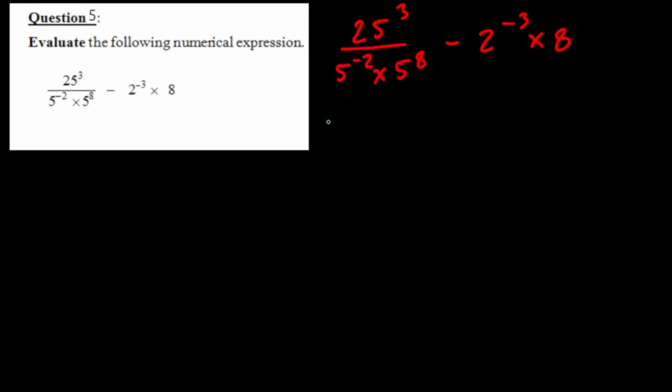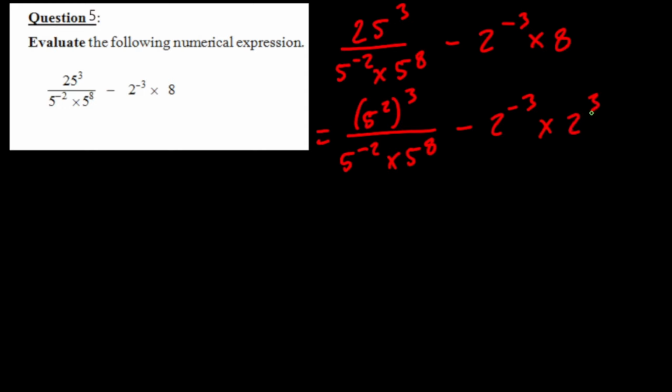Let's start by simplifying. 25 is 5 to the power of 2. So we write 5 to the power of 2, whole to the power of 3, over 5 to the power of negative 2 multiplied by 5 to the power of 8, minus 2 to the power of negative 3 multiplied by 8, which is 2 to the power of 3.